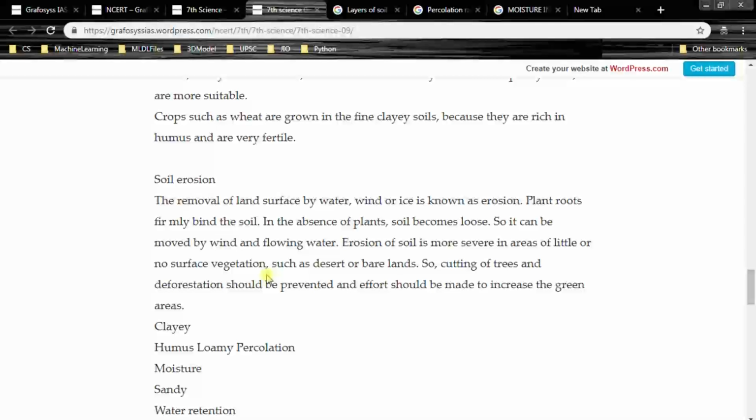So cutting of trees and deforestation should be prevented, and efforts should be made to increase the green areas. So soil erosion removes the humus and the top layer which is required for the growth of crops and vegetation, right? So plants and trees are very much required to retain the top surface of the soil.